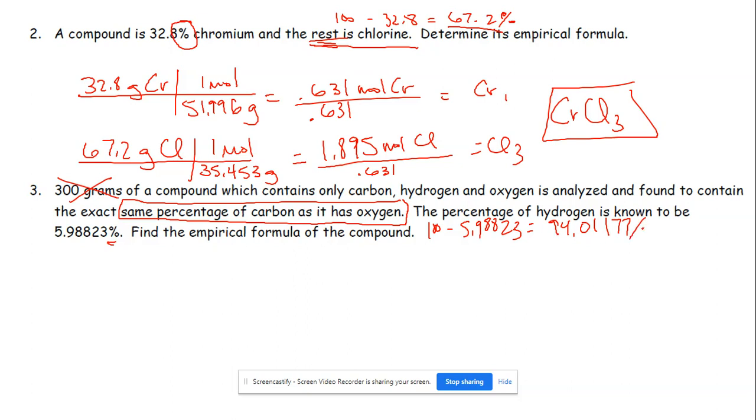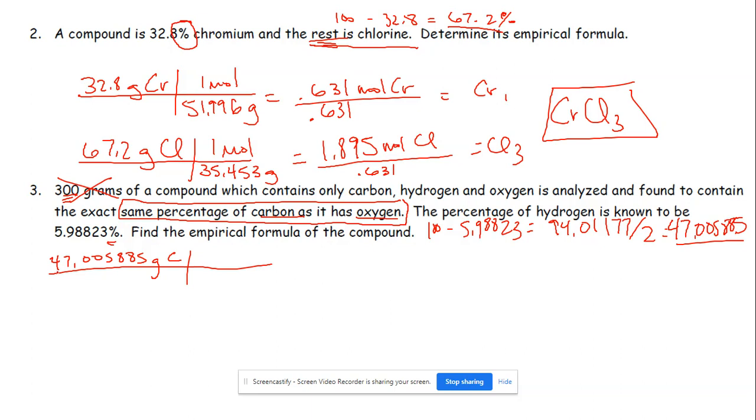But this is equally carbon and oxygen. So I'm going to divide that by 2. And we get, oh my gosh, so many digits, 47.005885. This is going to be our percent carbon and oxygen. So let's go ahead and start with our carbon first. 47.005885 grams of carbon. And if you want to keep that 300, you totally can.